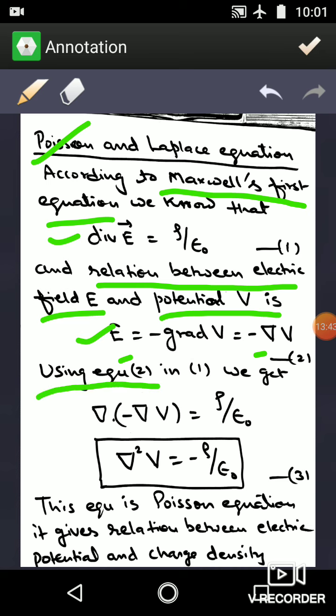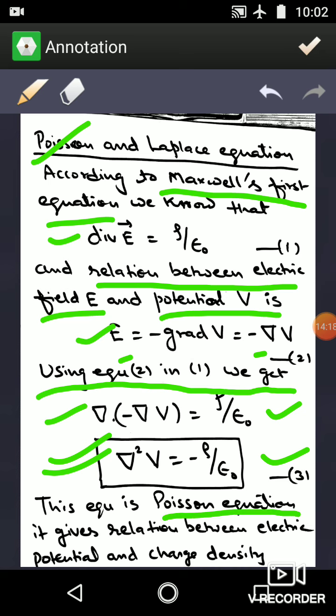If we use equation 2 in equation 1, what do we get? We get del dot minus del V equals rho upon epsilon naught. Del dot del can be written as del square. Therefore, del square V is equal to, with the negative sign transferred to the right hand side, minus rho upon epsilon naught. This equation is called Poisson equation.